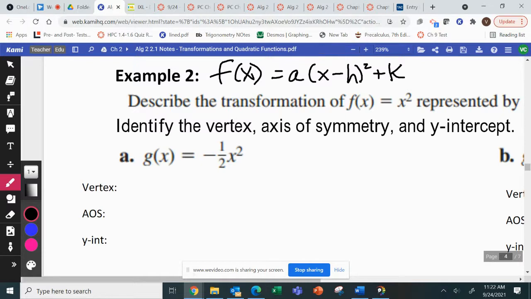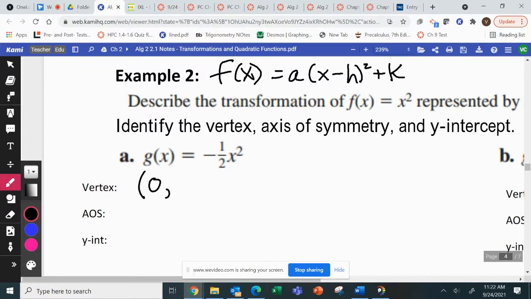Because there is nothing there. Do you see up here how it says X minus H and then quantity squared? Do we have that here? No, because what number would be added or subtracted from X? Nothing. So if it's just an X squared, the H is 0.